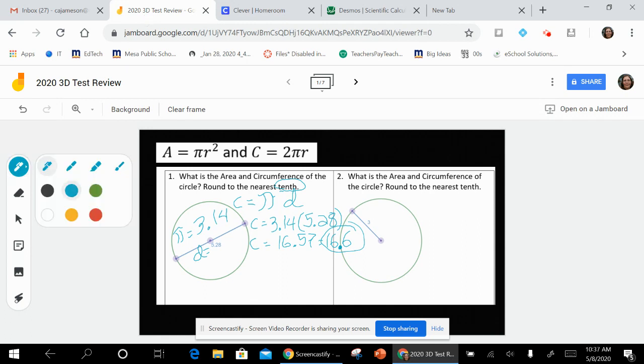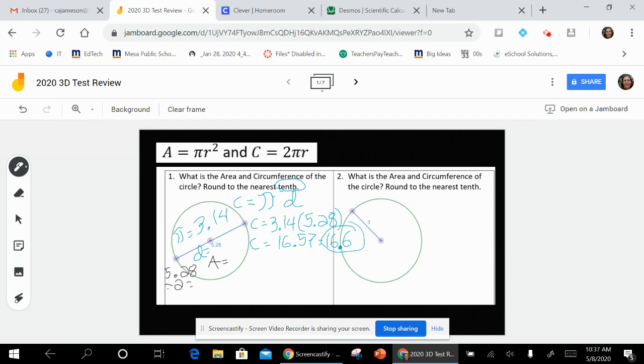Okay, next one. We got this, everybody. So area. We have our formula up there, so it's going to be pi. I do want to notice on this one, remember we're going to have to divide this by 2 to get our radius.